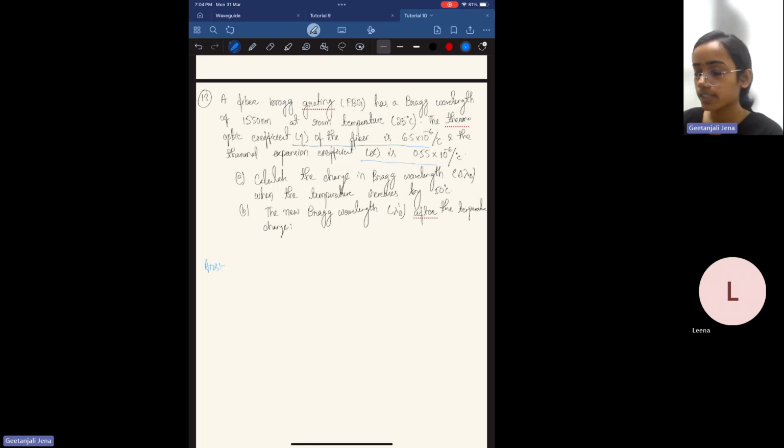In the first part, it is asking what is the change in Bragg wavelength when the temperature increases by 15 degrees Celsius. And in the B part, the question asks what is the new Bragg wavelength after the temperature change.